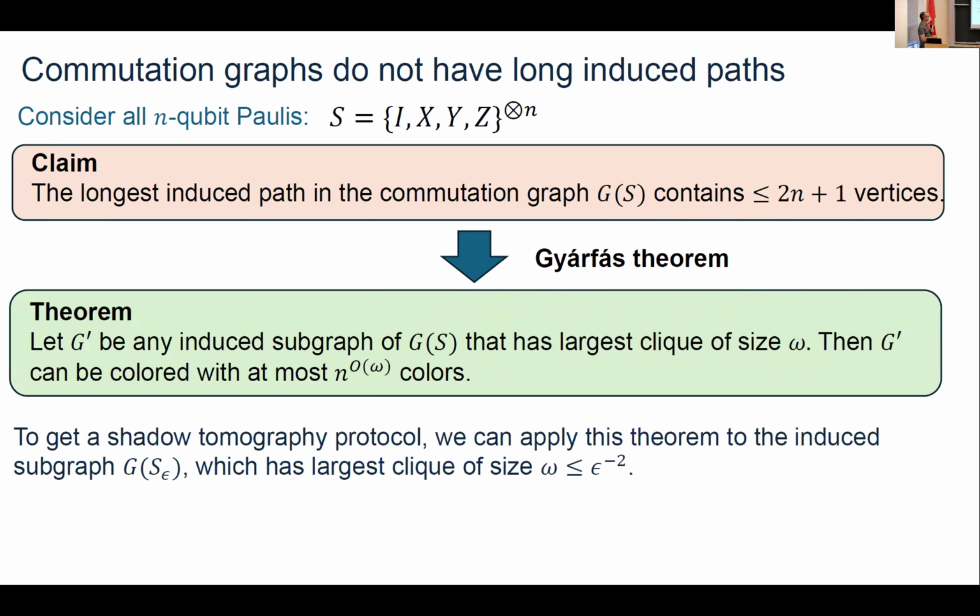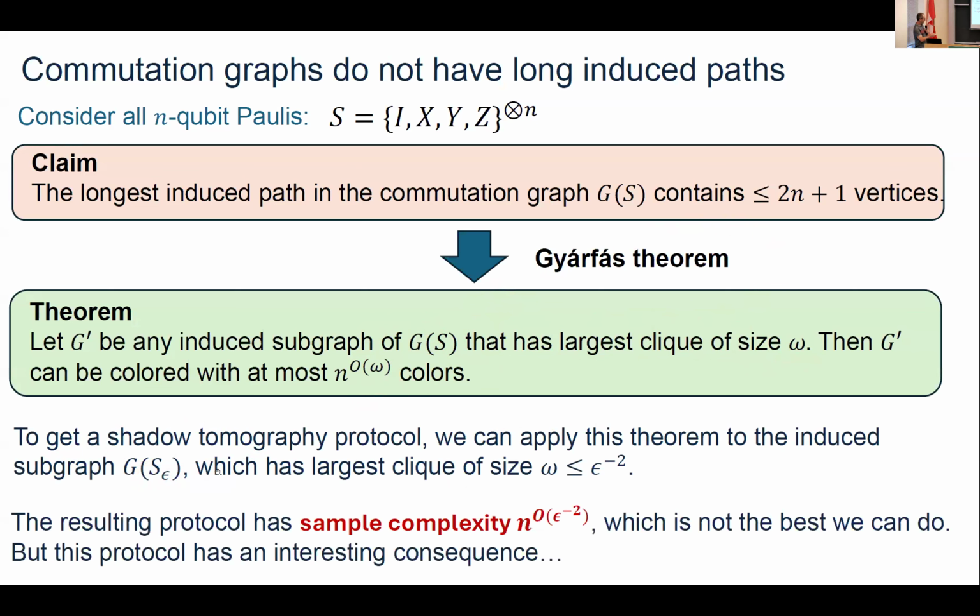And that gives a shallow tomography protocol when we apply it to the induced subgraph we care about, where we know that the largest clique has size 1 over epsilon squared. This protocol has sample complexity n to the 1 over epsilon squared, which is actually not the best we can do for the set of all Paulis. But I wanted to illustrate how these topics of chi-boundedness and tomography connect with one another.